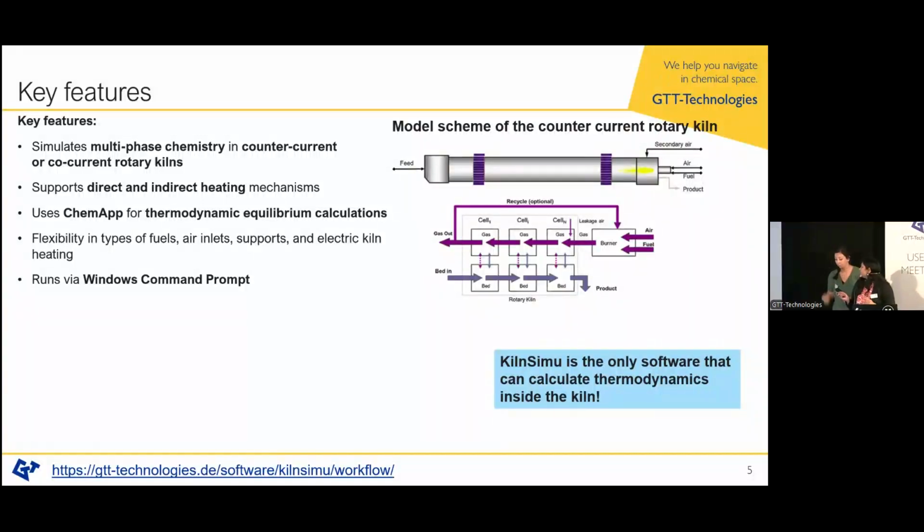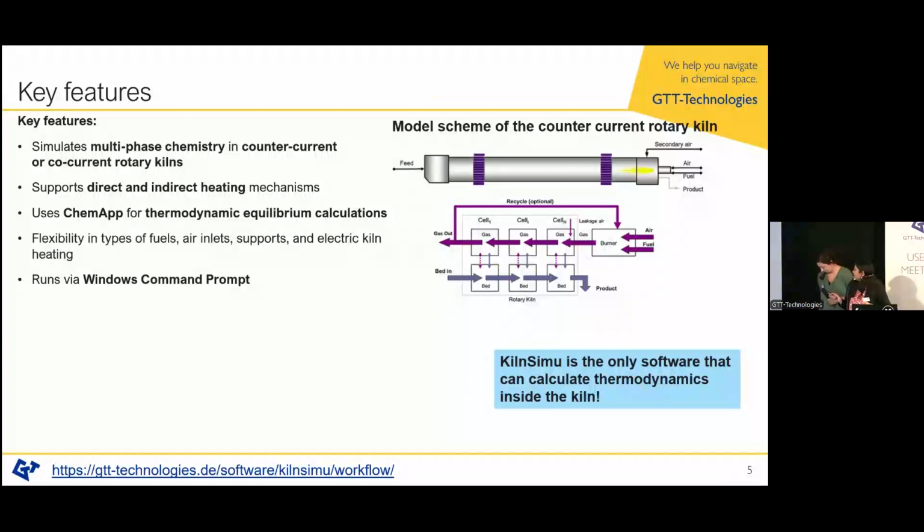So this is the model scheme of the counter-current rotary kiln. You can see that feed comes in from one side of the kiln, and the air and fuel come from the other side. The principle is that the kiln can be divided into a number of cells, and each cell can have its own geometry. So you can set the inner diameter of the cell and the outer diameter, and it is particularly useful if you want to have a dam inside your kiln and perform a calculation.